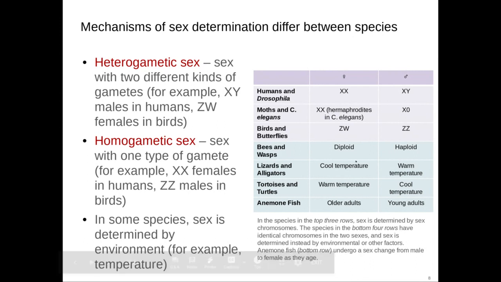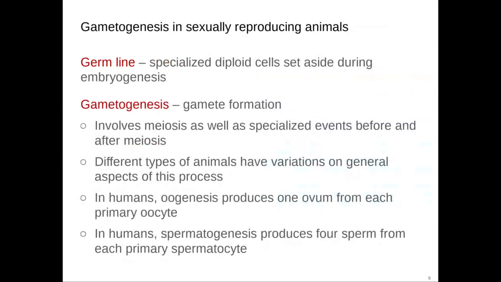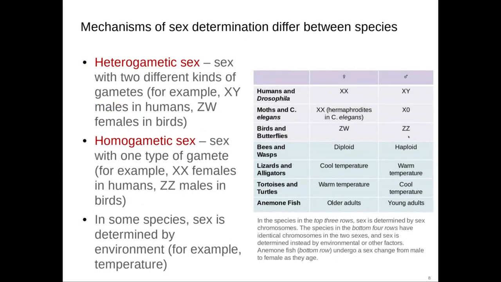Bees and wasps, it's either haploid or diploid. So diploid is female, haploid is male. And then you have the standard XX-XY system. But you have the ZZ-ZW system in birds and butterflies and many other species of insects as well. Whereas in humans XX is female, in this case the corresponding genotype ZZ produces males, and ZW, which would correspond to XY, produces females.